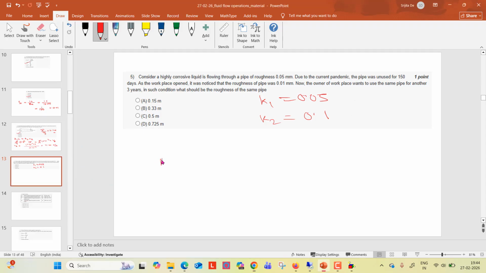The equation was Kt equals K0 plus alpha T, right?